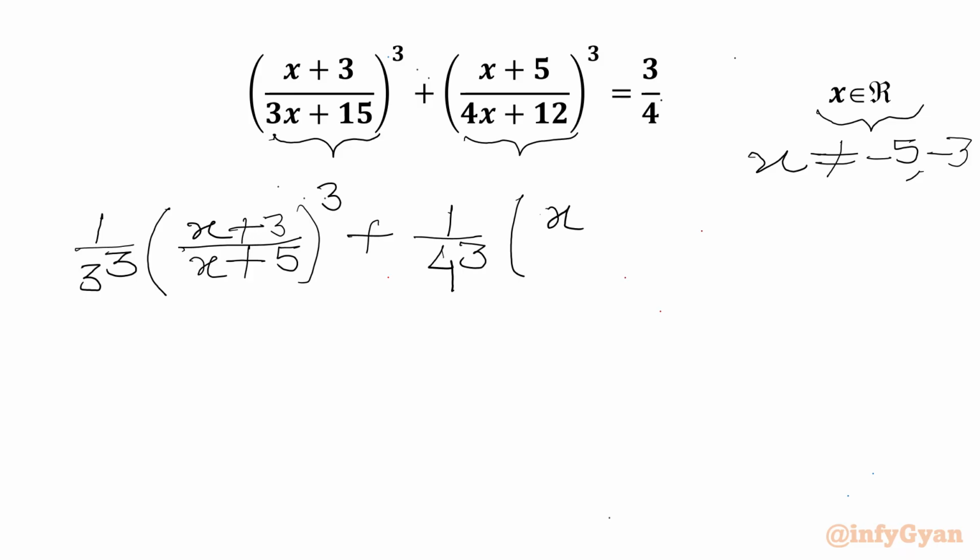Then in the bracket we'll write x plus 5 over x plus 3 whole cube equal to 3 over 4.